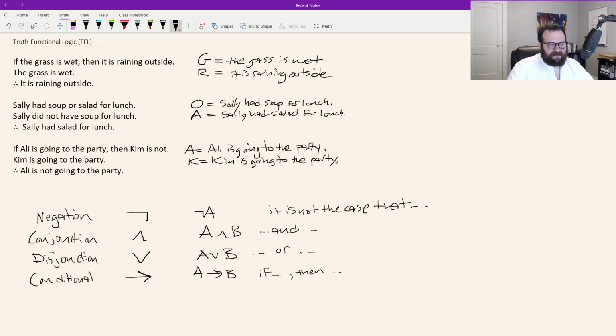Next, we have a biconditional. A biconditional is just like a conditional that works both ways. It's a much stronger relationship. We use the biconditional to represent the phrase if and only if.